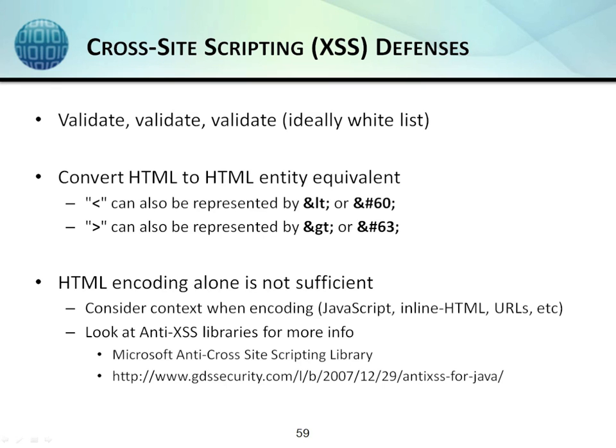Right. The hard part is, there's no way for a browser to tell the difference between what's valid JavaScript and what's invalid JavaScript, other than some browsers have built-in anti-XSS protections through the URL.